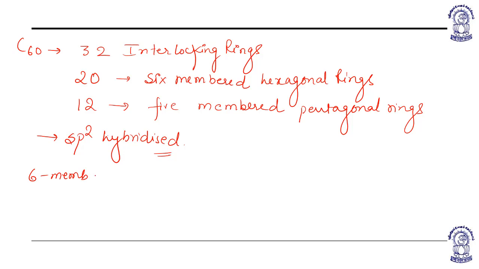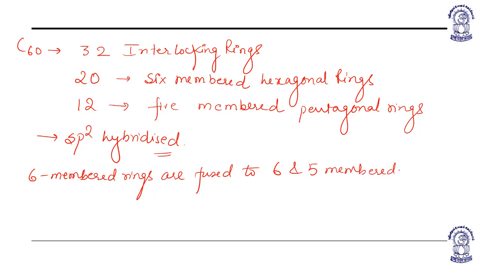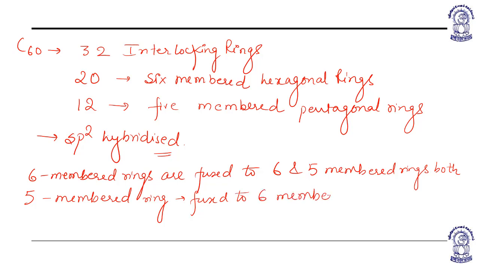Six-membered rings are fused to both six- and 5-membered rings, but a 5-membered ring is fused only to 6-membered rings. So this is about the Buckminster fullerene.